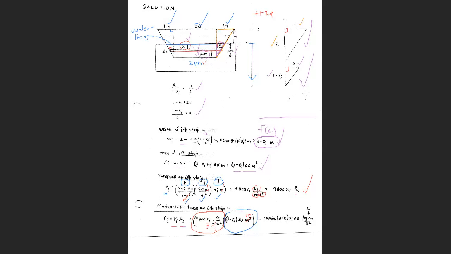And that is a newton, your unit of force. How many knew that this was defined as a newton? Okay, Samuel knows that, and Jacob knows that. So this is going to be 9,800 times (3 minus xi) times xi times delta x newtons. That's the hydrostatic force on the ith strip.